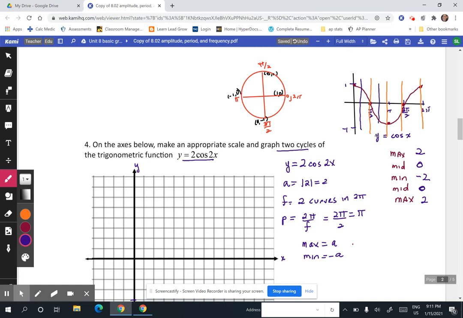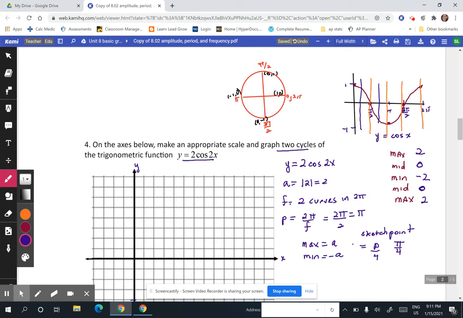Well, how do you determine that? You could reason it out, but you can also use the following formula. We can calculate the sketch point by taking the period and dividing it by 4. In this case, our period is pi, and I'm going to divide it into 4ths. That means the spacing between the points is pi over 4.